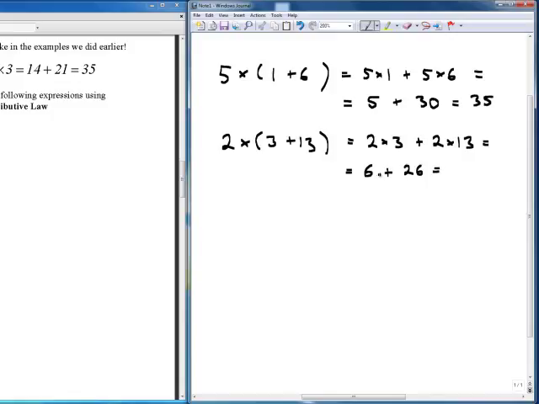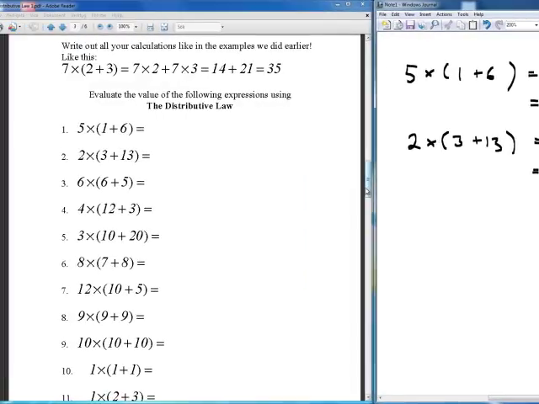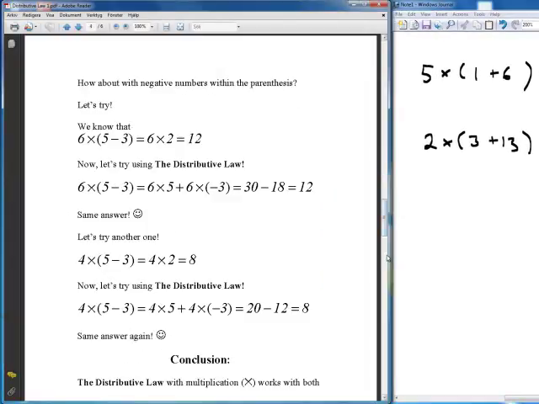And the answer is 6 plus 26, 32. So I would like you to write it out just like this, like we did in the example here.